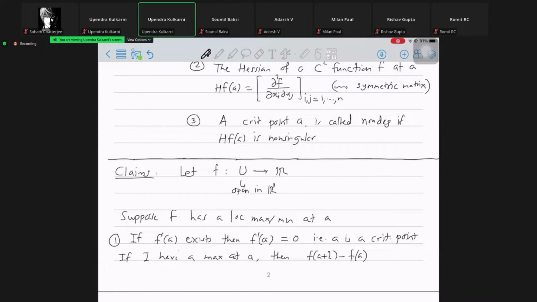So if I have a max at a, then f of a plus h minus f of a is, okay, so f of a plus h minus f of a is greater than or equal to 0 for h greater than 0 and less than or equal to 0 for h sufficiently small.